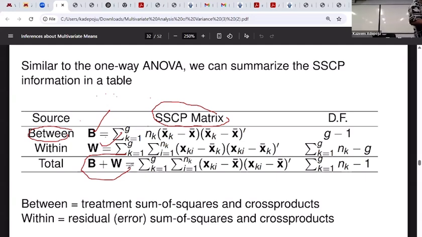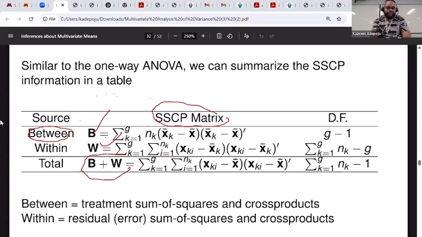So if I know B and I know W, the total variation is just B plus W. And look at the degrees of freedom for between, G minus 1. The degrees of freedom for within, and you can see the degrees of freedom for total.